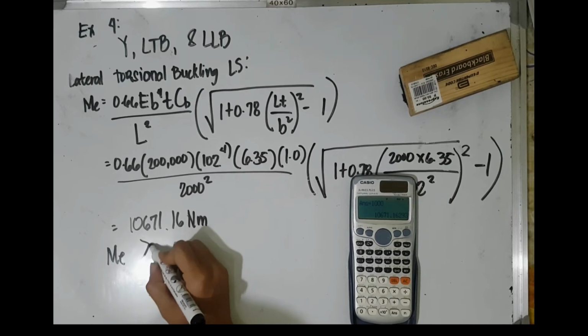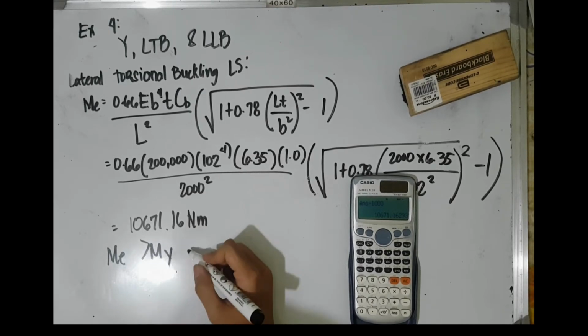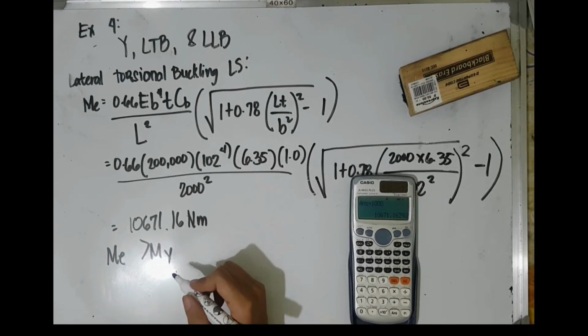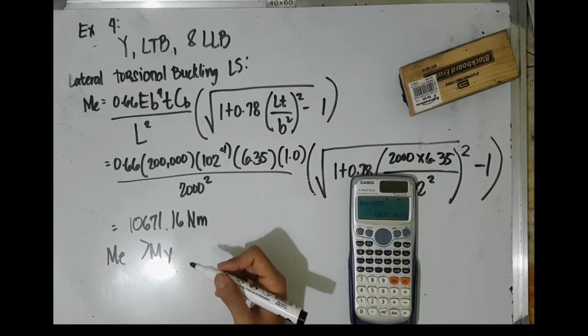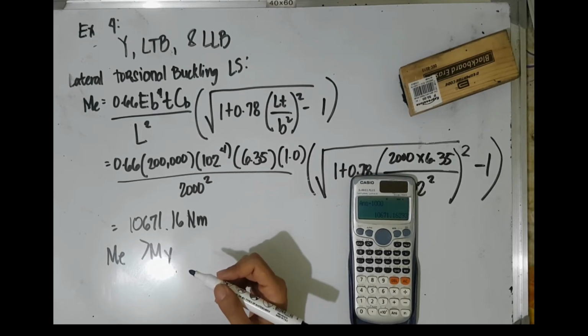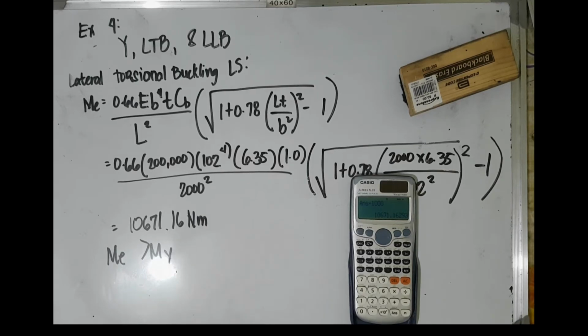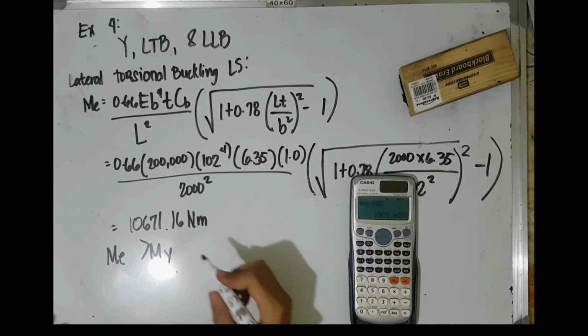And our yielding moment, as we have solved earlier, is equal to 4,209.005 Newton meter. Therefore, our Me is greater than our My.